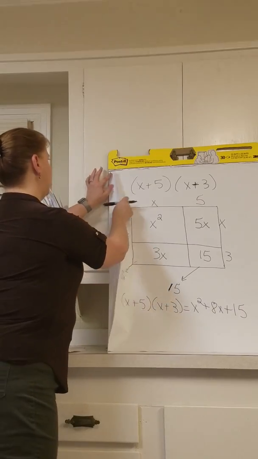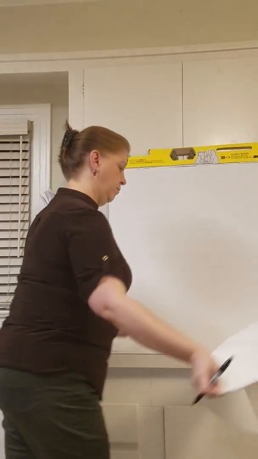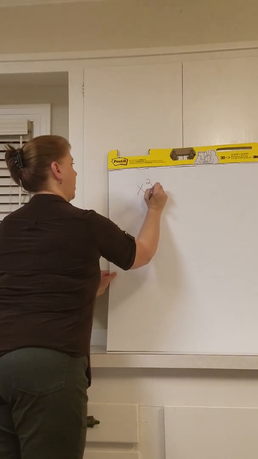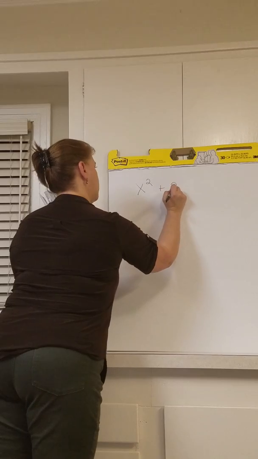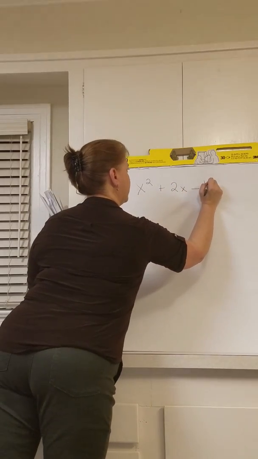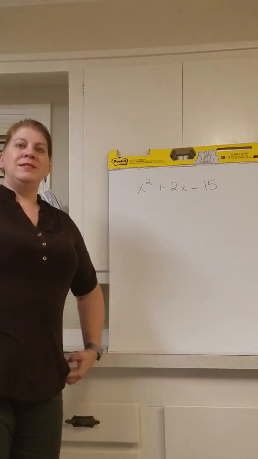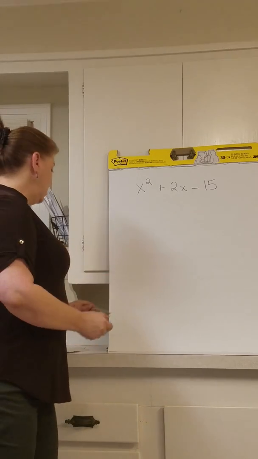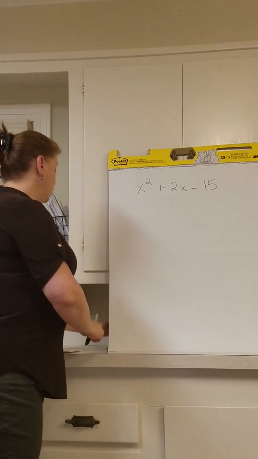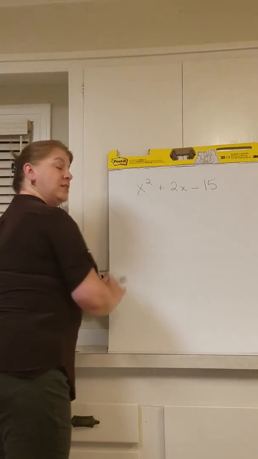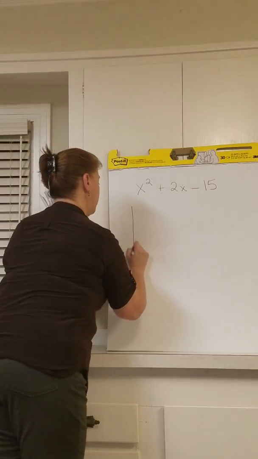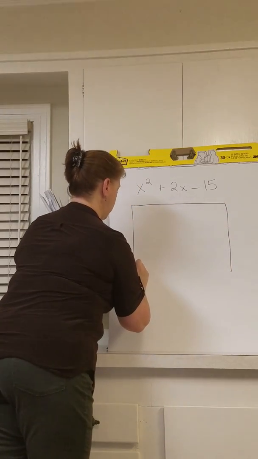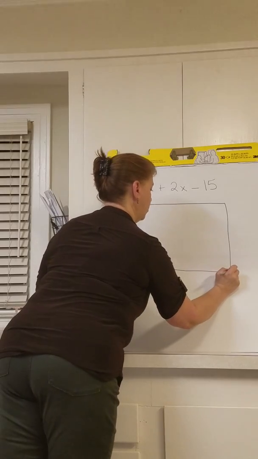Example C. So our example here is x squared plus 2x minus 15. Now we said already we were going to factor this into two binomials. So when we're using the same method, that tabular method, we need that rectangular model, that rectangle to start with.